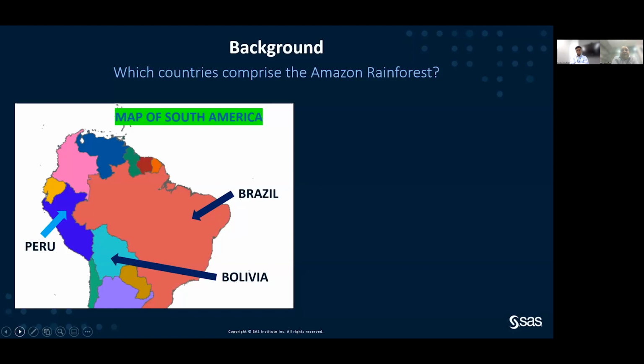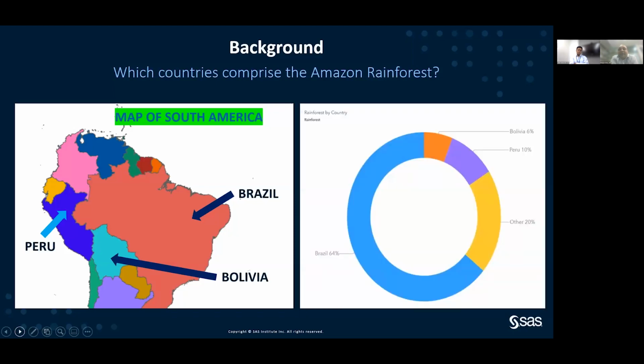The Amazon rainforest actually covers about 40% of the South American continent, which spans more than, I think, 1,600 million acres. And it spans 9 different countries, out of which Brazil, Bolivia, and Peru are the prominent ones. These 3 countries cumulatively contain about 80% of the Amazon rainforest.